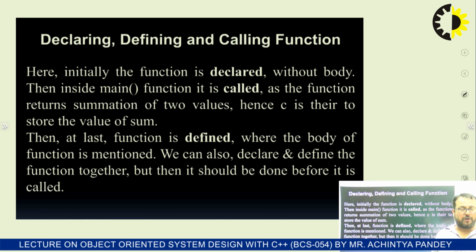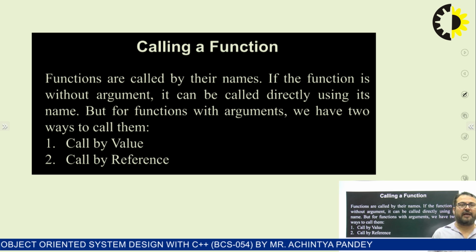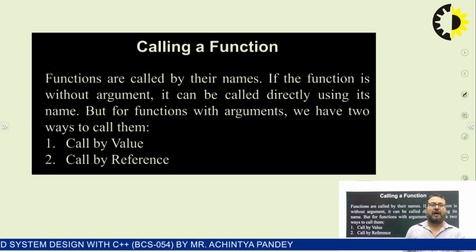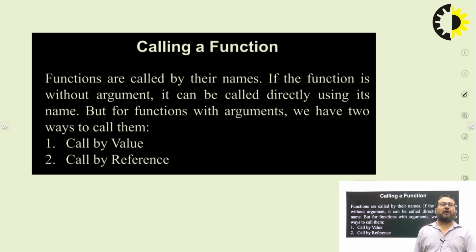Function calls can be of two types: call by value and call by reference. Once we simply pass the value, I mean you simply write 10, 20, or we could pass the variable which stores these values.